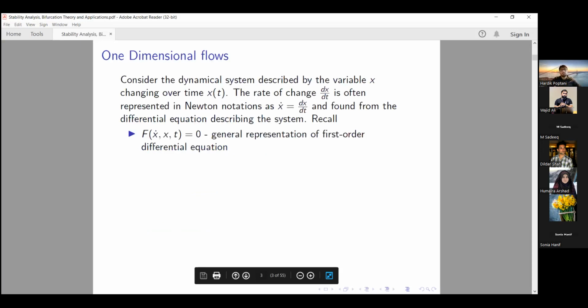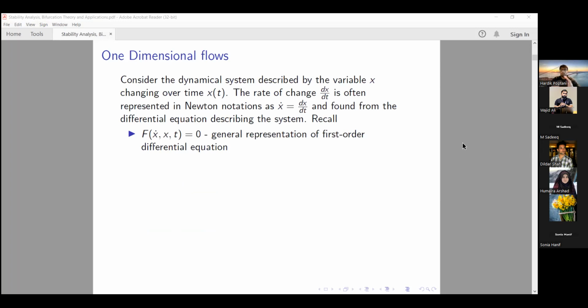So consider a dynamical system described by a variable x over time, like x at t is a function of time. Then the rate of change dx by dt is often represented in Newton notation as just x dot, which is dx by dt, and found from the ordinary differential equation describing the system.